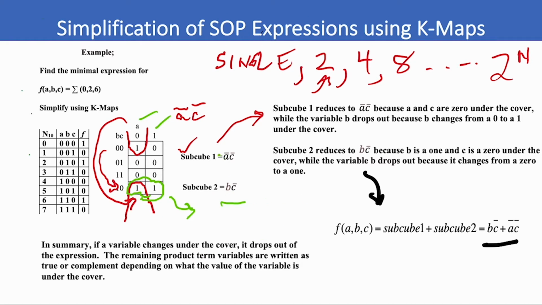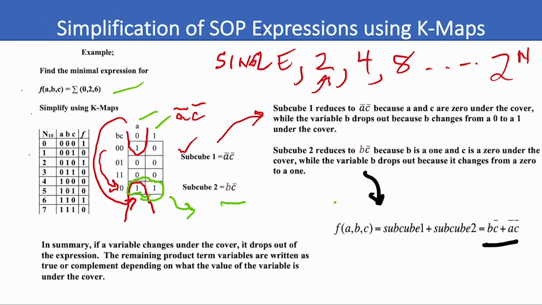So we could have 3 standard product terms, 0, 2, 6, and then reduce all those using Boolean algebra. Or we can use a Karnaugh map and cover them with 2 cube covers like this, and we can go from 3 to 2 product terms, and we can eliminate variables out of each of these product terms.